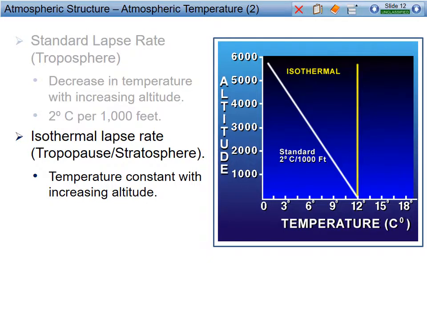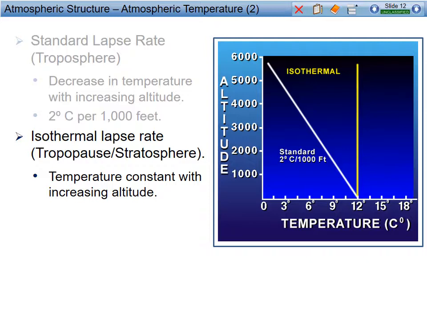Isothermal is shown on the graph as a vertical line, which depicts the relationship of temperature remaining the same with increase in altitude. However, you should note that it is not typical for it to be isothermal within the troposphere, only in the stratosphere immediately after passing into the stratosphere.